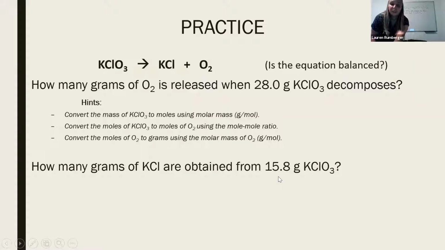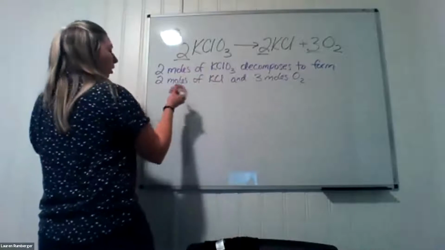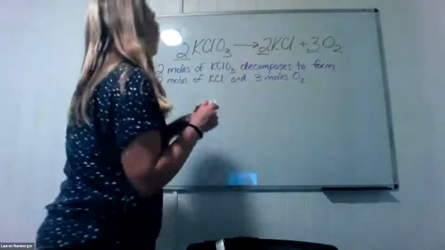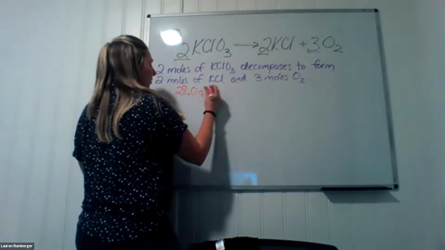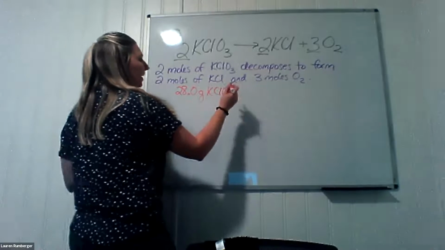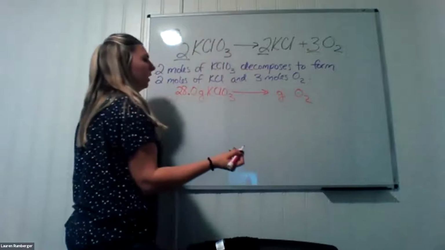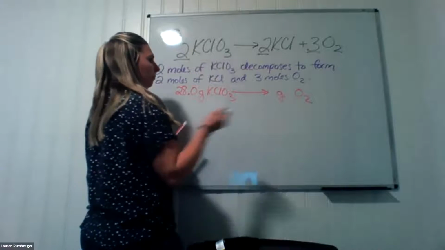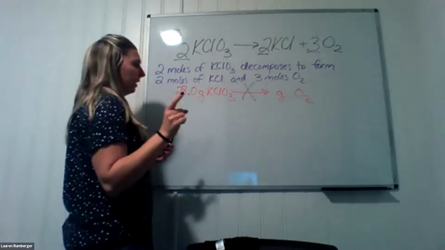Okay, we're going to set this up using dimensional analysis. But first I will write our plan. Our starting point is 28 grams of KClO3. We want to get to grams of O2. We cannot do a direct conversion, so we have to do multiple steps.